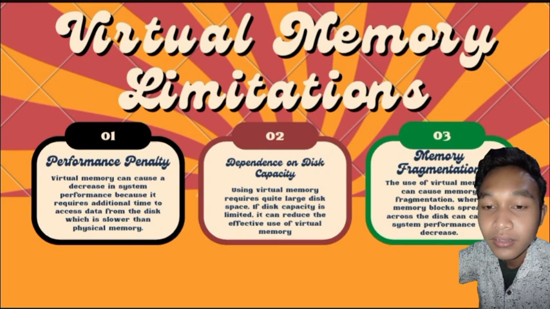When you open a graphic design program such as Adobe Photoshop, which requires a lot of memory to run a large project, RAM may not be enough. Virtual memory will be used to store some project data on the hard drive. However, access to data on the hard drive is slower than RAM, so every time you make a change to the image, the process may be slower.